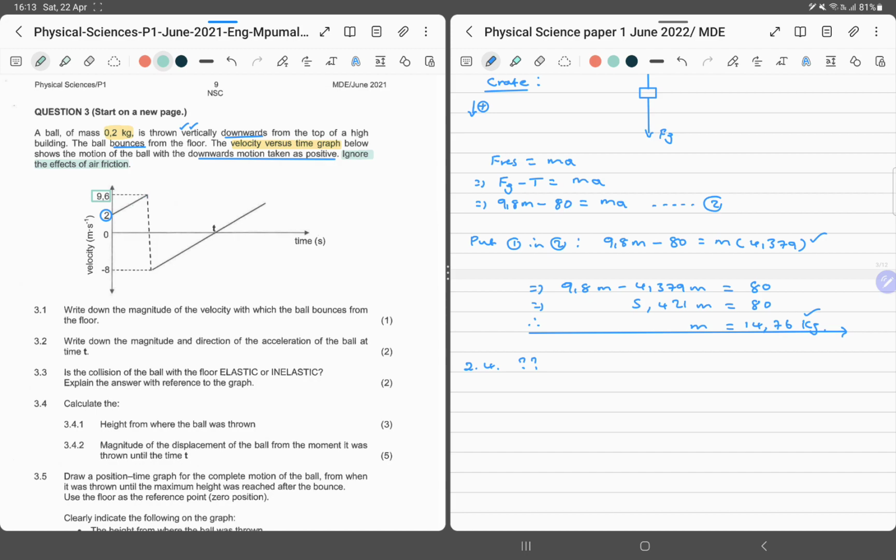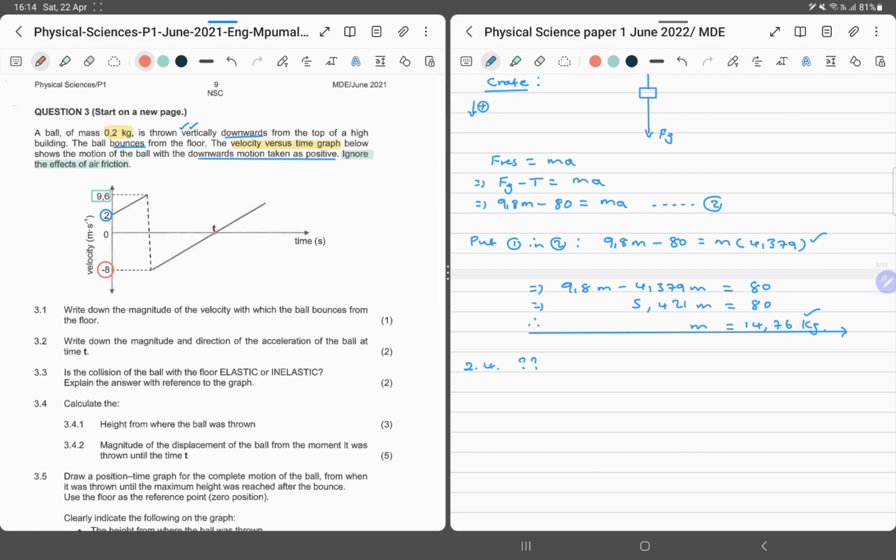And then as it hit the ground, you will see that it bounced off the ground with a velocity of 8 meters per second, the fact that it is negative. And then it goes on to reach maximum height, which is where the velocity is 0 at that time t, and then it goes further, but we don't know to what extent that is.